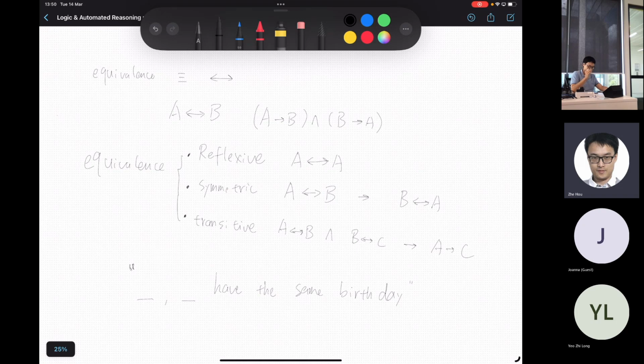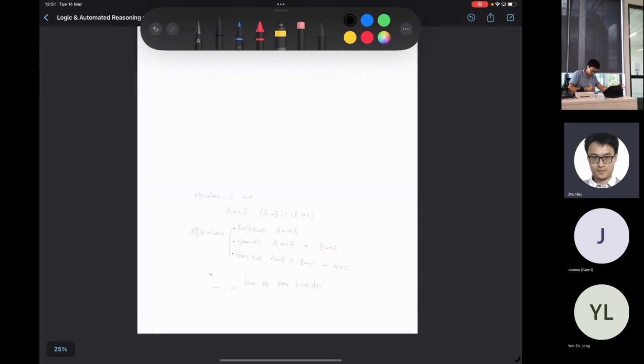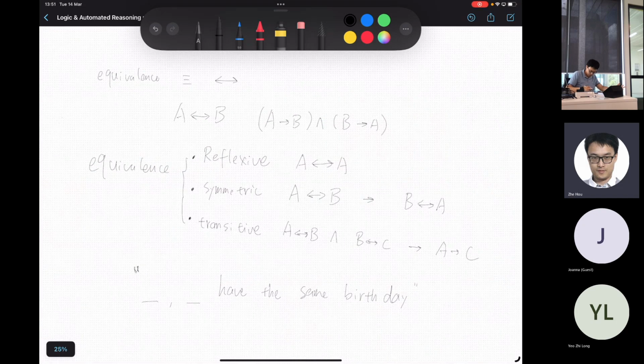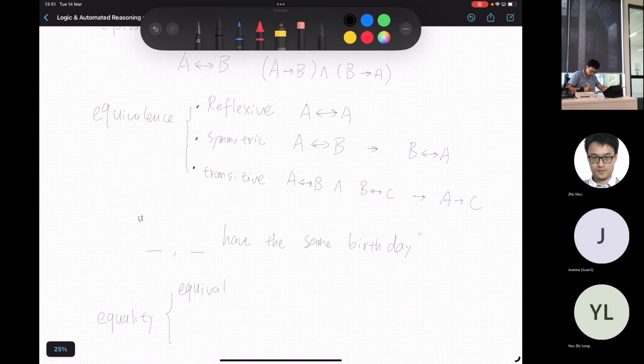Equality is actually equivalence plus something else. The algebraic definition of equality is equivalence plus something else. It satisfies all the three, and it satisfies another one called antisymmetry. It sounds a bit funny because it satisfies symmetry and also antisymmetry at the same time.